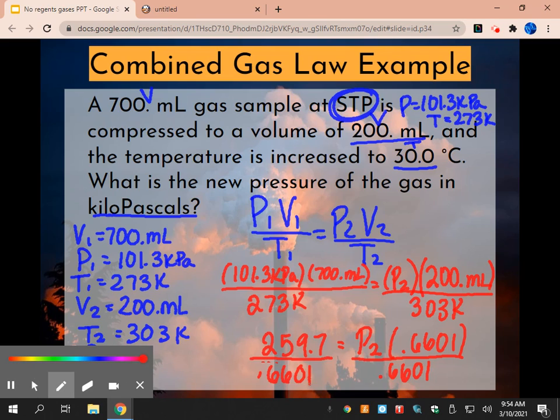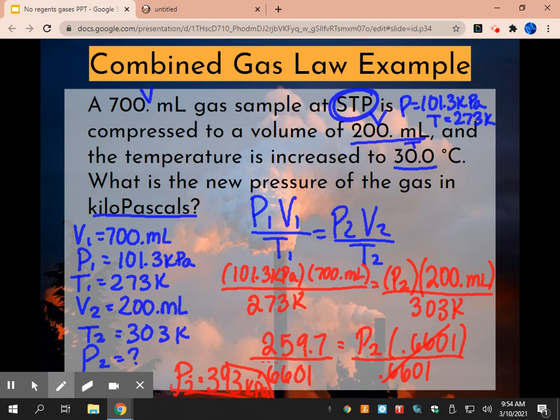And we are going to get that this will cancel. We'll get our P2 is equal to 39.3, and we're going to sig fig that to 3 places. kPa. That's our final answer. That's what our P2 would be.